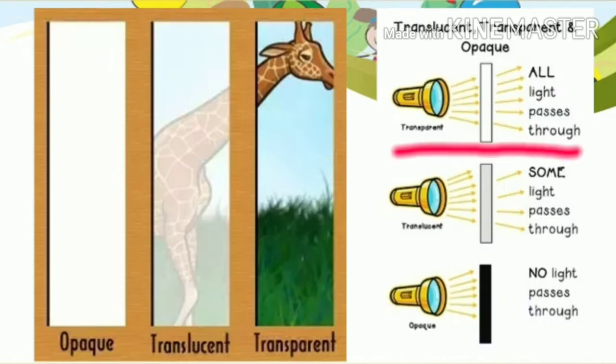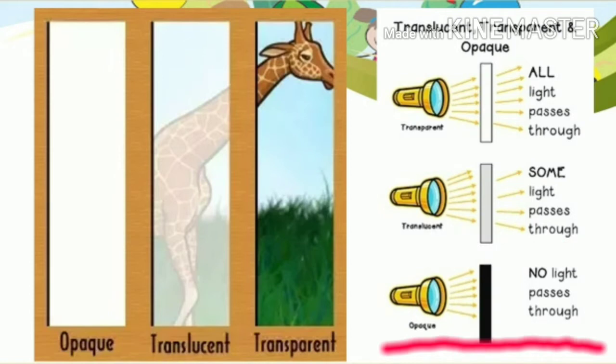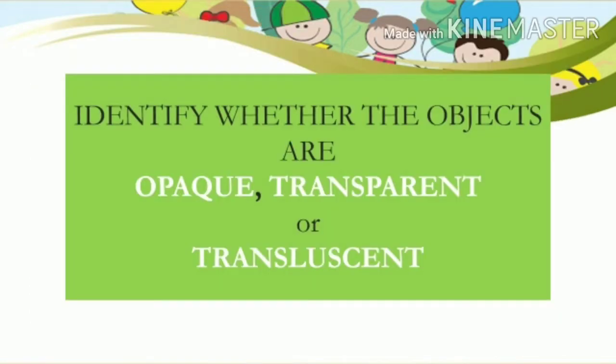In a transparent object, all light passes through. In a translucent object, some light passes through, and in an opaque object, no light passes through. Now, let us identify whether the objects are opaque, transparent, or translucent.